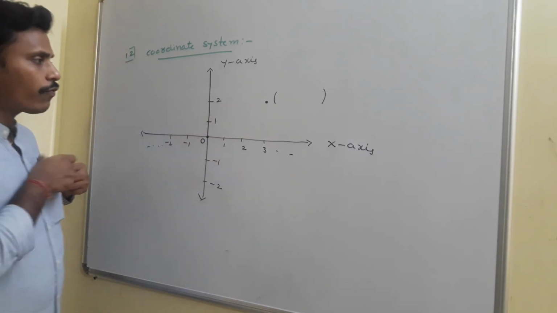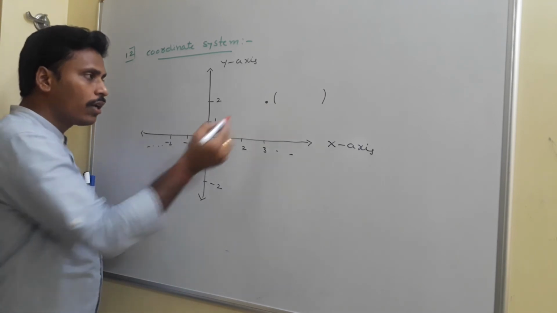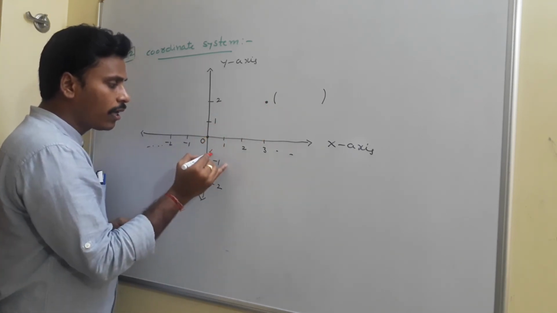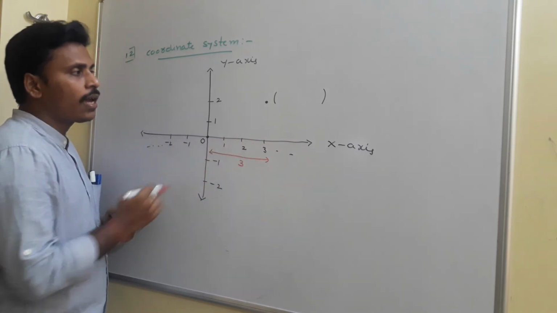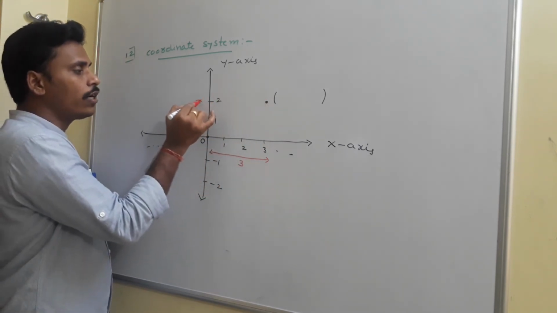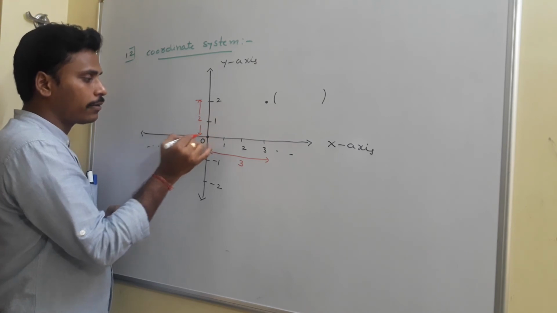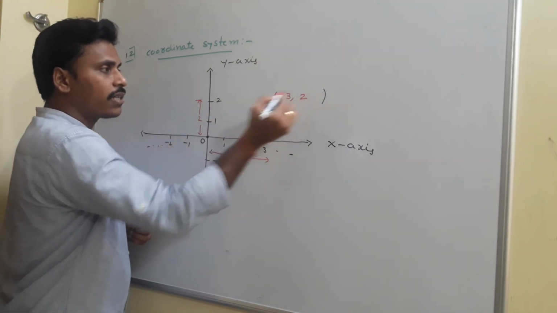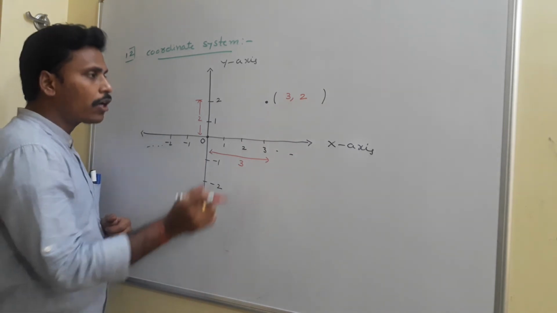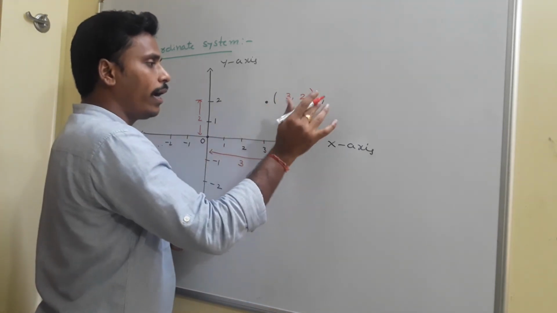For this particular point, it is at a distance of 3 units along the horizontal line and 2 units along the vertical line. In this case, its address is written as 3, 2. 3, 2 is just the address of the point, right?